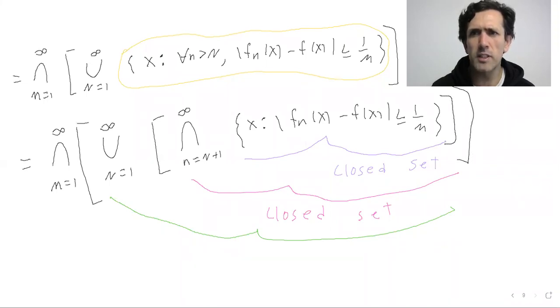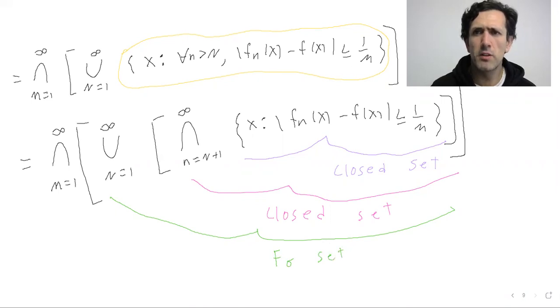And again, I apologize if I'm going at a snail's pace here. Okay, green, this was it. By definition, the countable union of closed sets is an F sigma set.